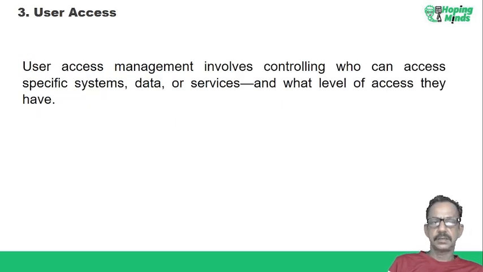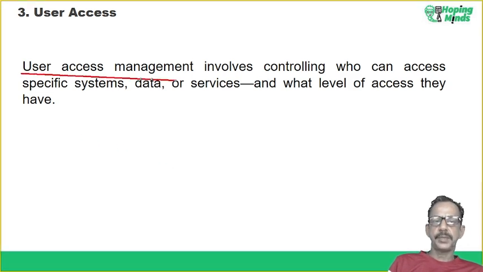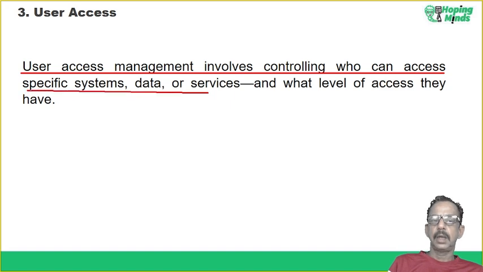User access. Perhaps we have already discussed this topic many times. User access management involves controlling who can access a specific system, data or service and what level of access they have.